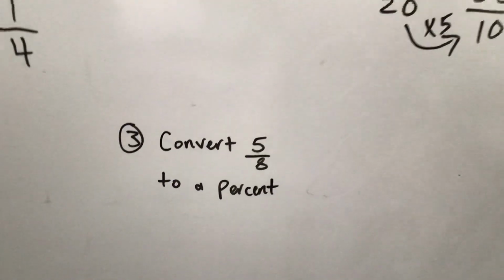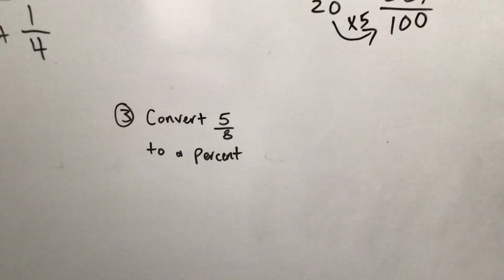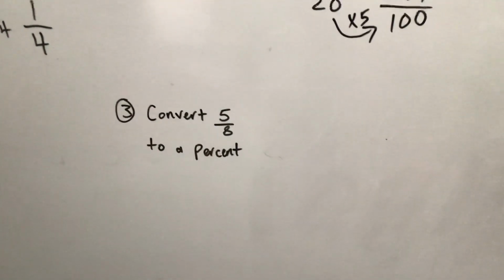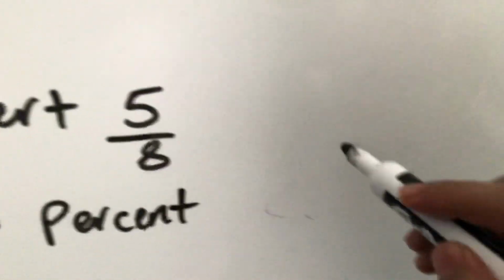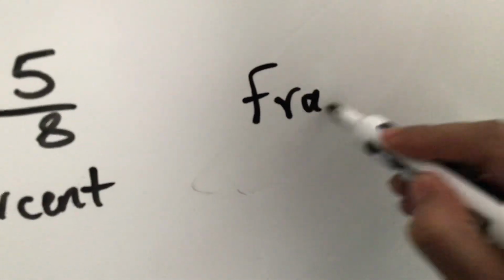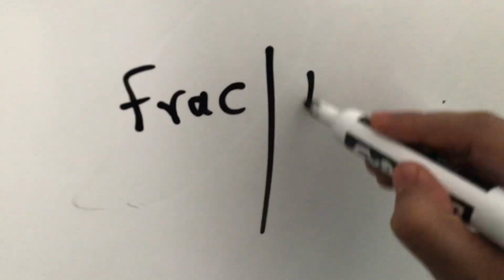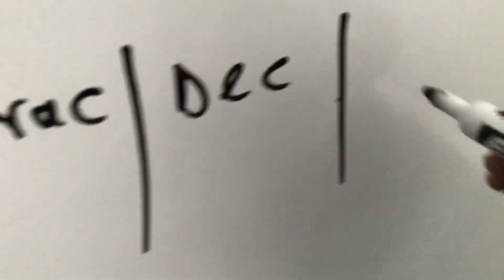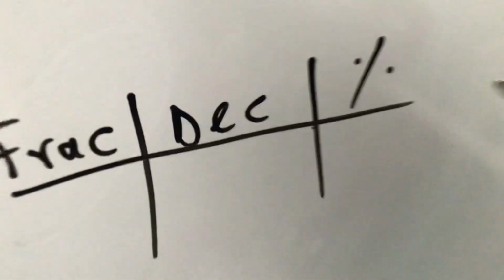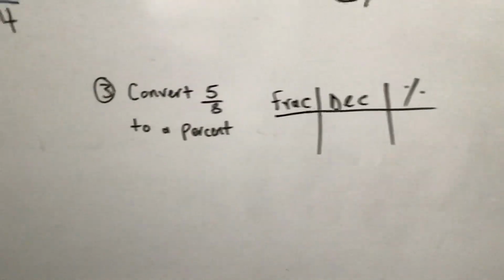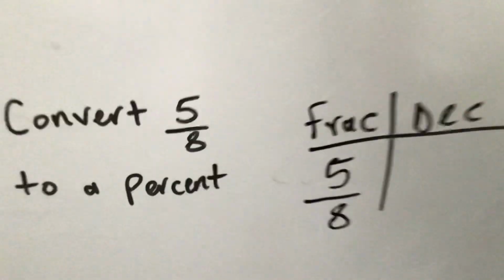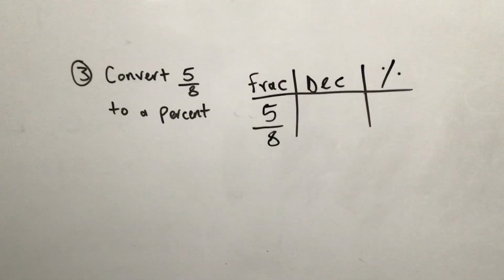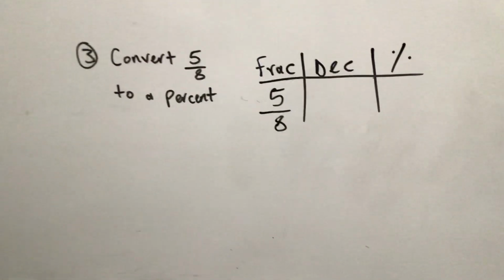So our answer will be more than 50%, but at the same time, we just don't know the exact number. So what we have to do is make our little table, which all of you should know how to do. Fraction, decimal, percent. They're giving you the fraction, which is 5/8. And now we have to go to a decimal and then to a percent.